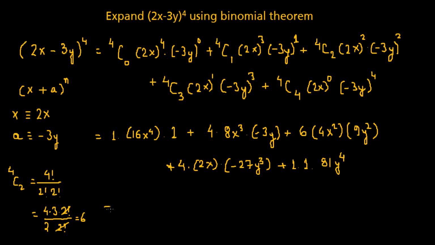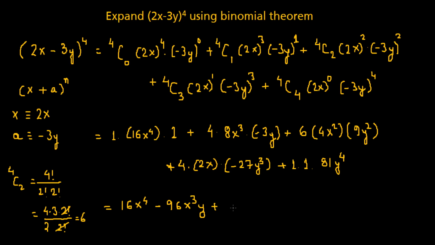So this should give us the final result as 16x raised to the power 4, negative. So 4 times 8 is 32, 32 times 3 is 96, 96x cubed y, plus, I have to use a calculator, 6 times 4 times 9.